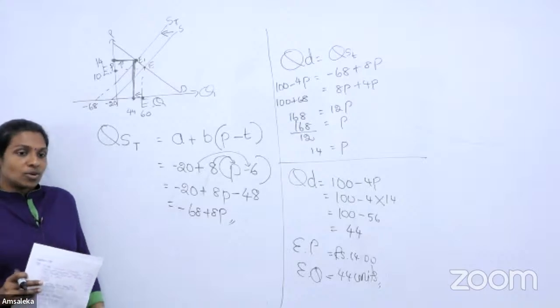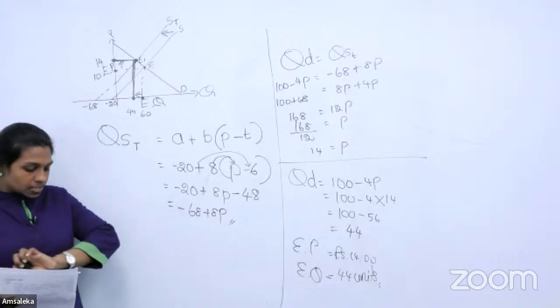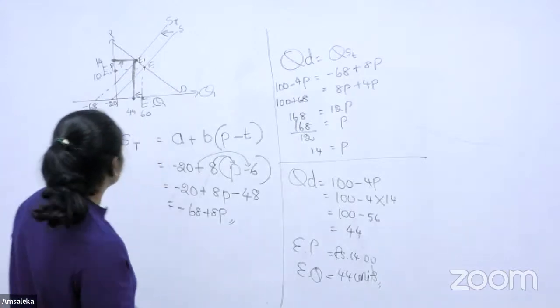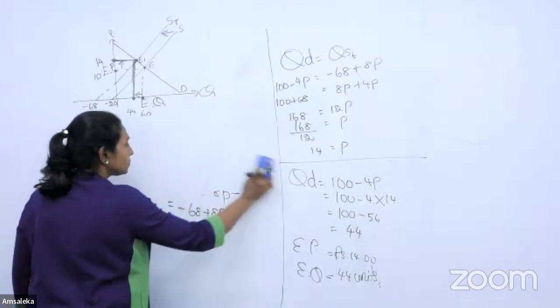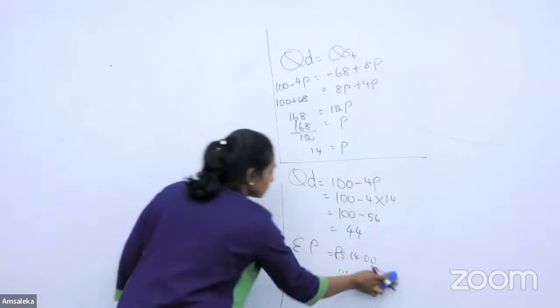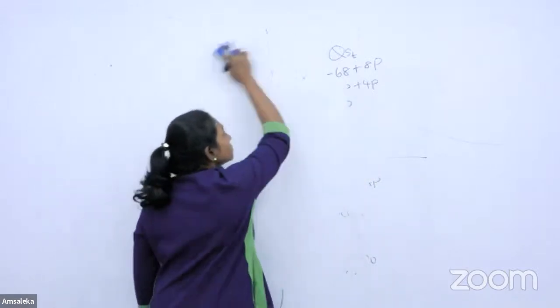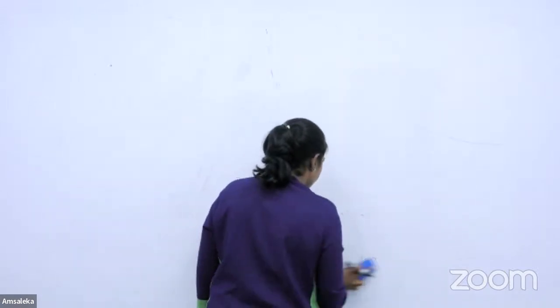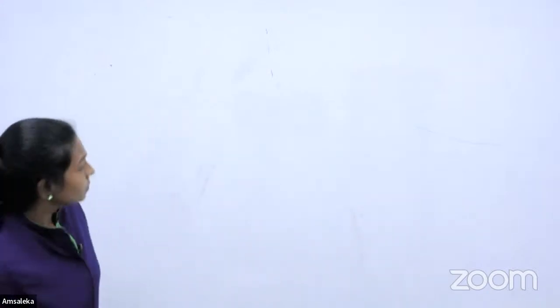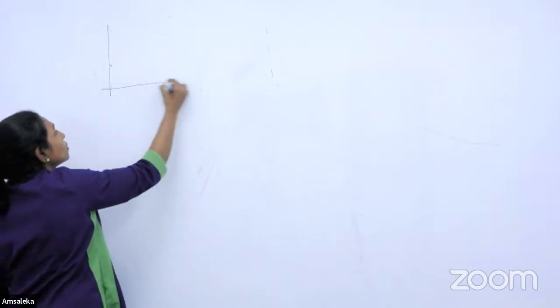Right. Now let's move on to if subsidy is given. Okay, if subsidy is given. Now subsidy given means how you can prove.